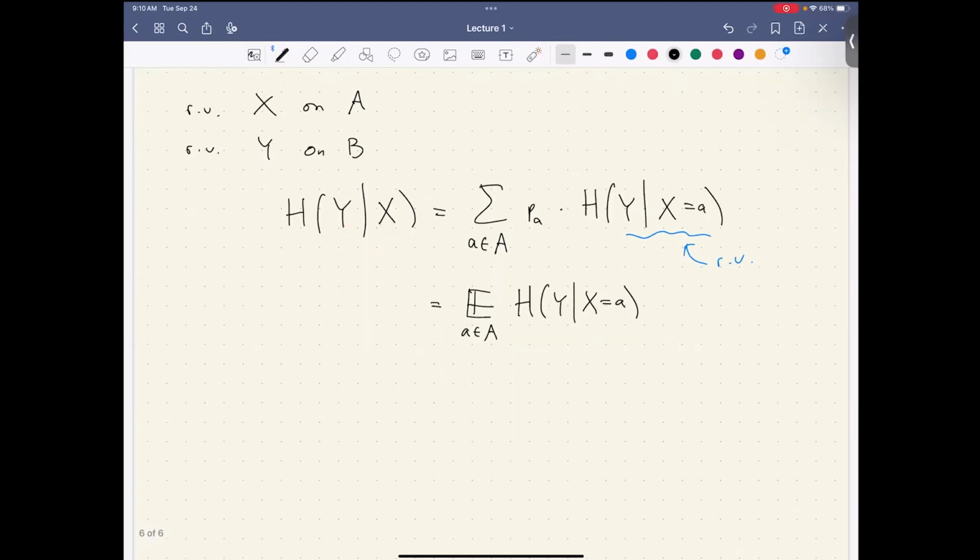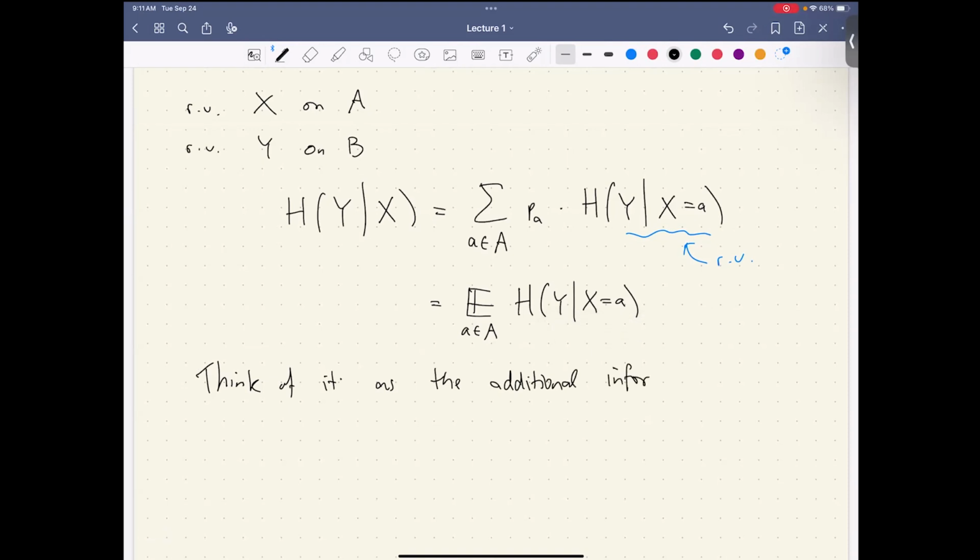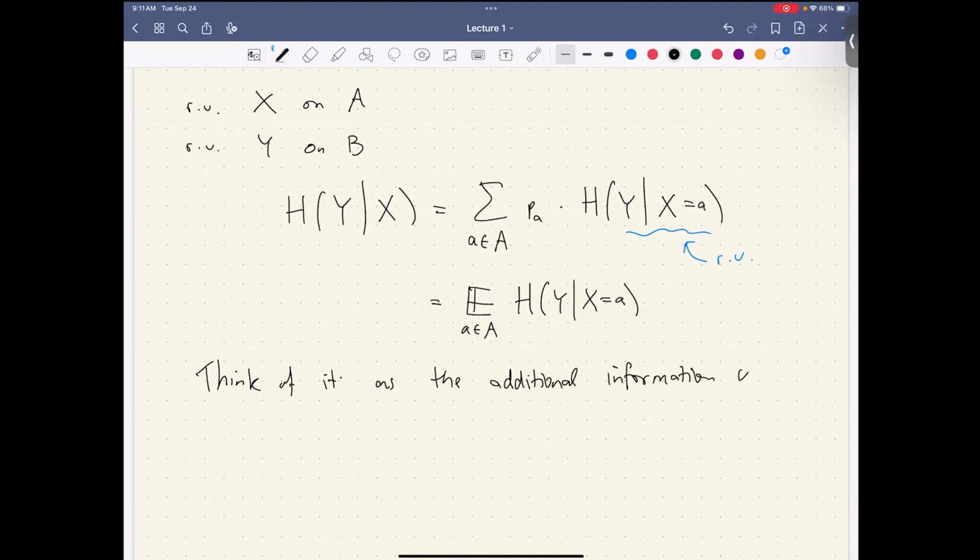So intuitively, we can think of it as the additional information we get from y after we already know everything about x, after knowing x.